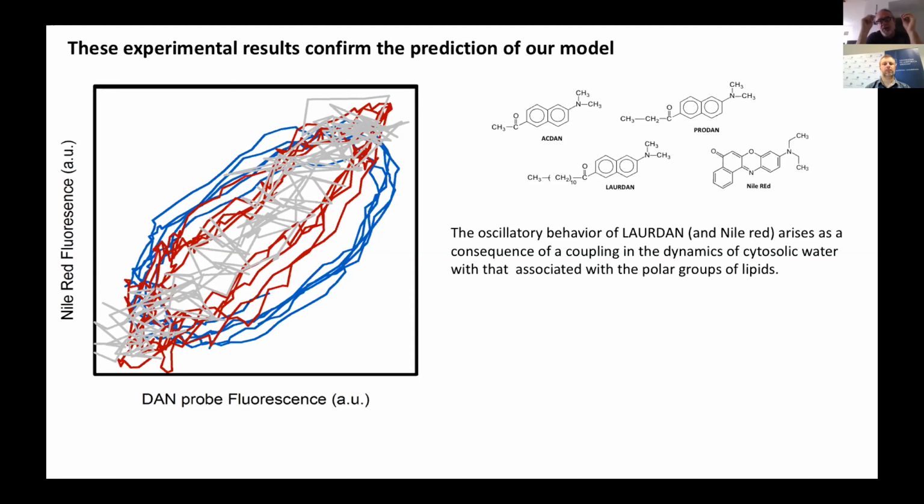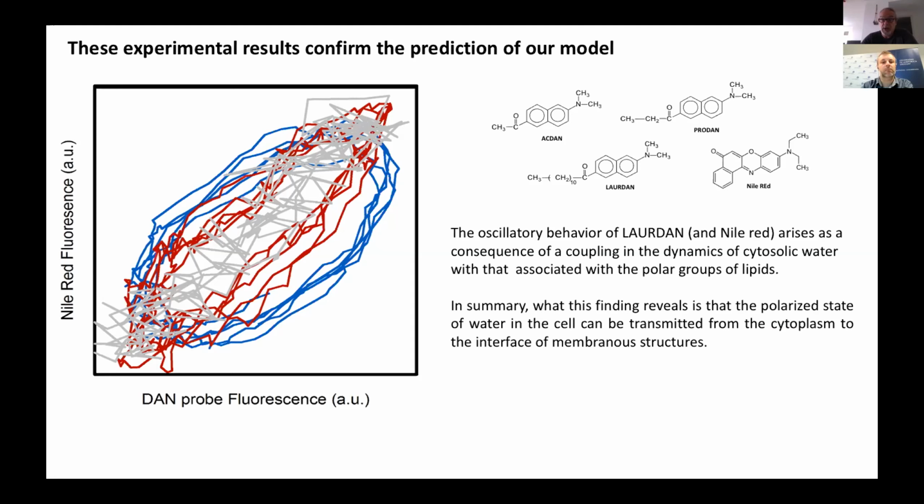And what we are thinking is that the dynamics of the cytosolic water, which is regulated by these changes in the activities of the ATP, meaning more polarized to less polarized, will be transferred somehow to the interface where you have the membranes, basically the water that is associated with the polar head groups of the lipids.